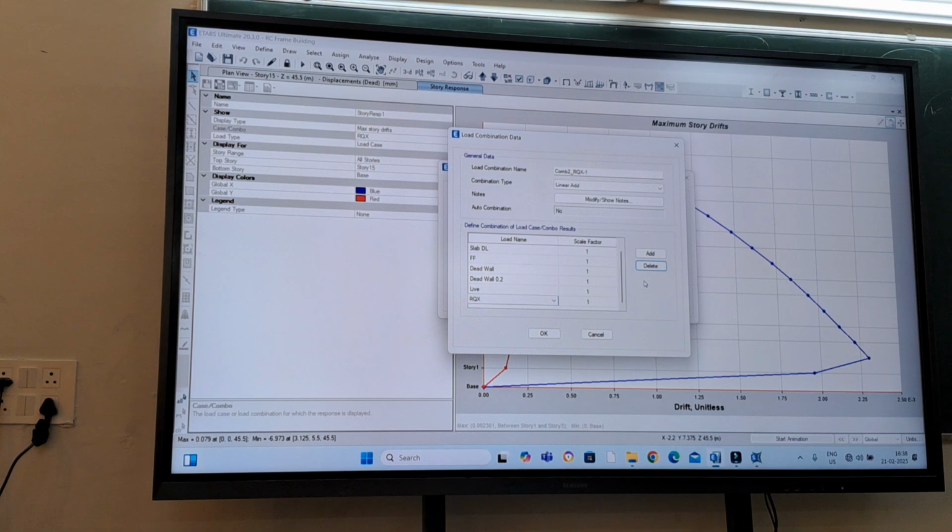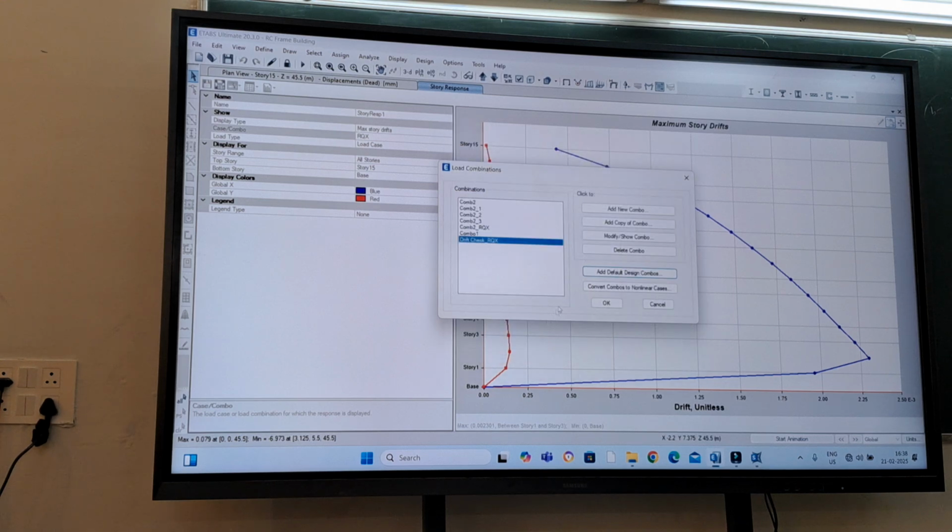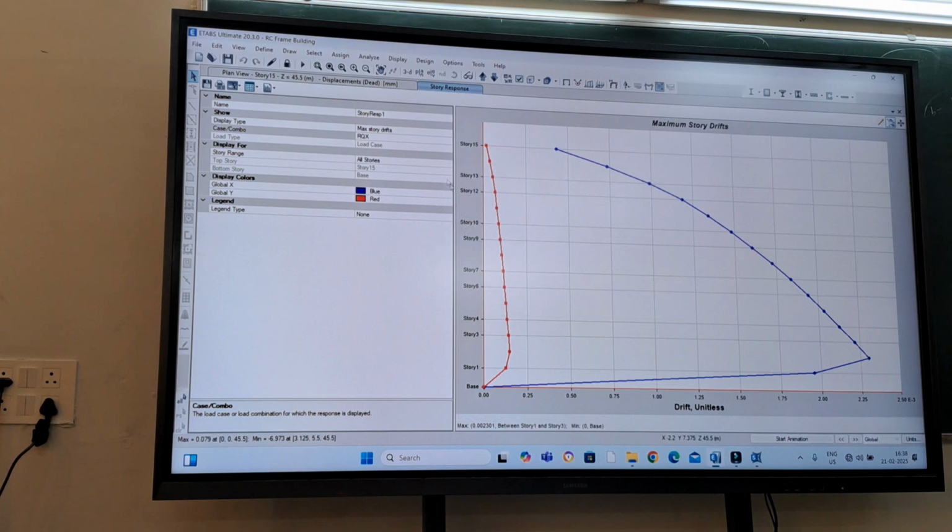Means for each direction separately you have to check. Okay. Here you can give it base shear check. Now you can choose that load case here, base shear check RSX.